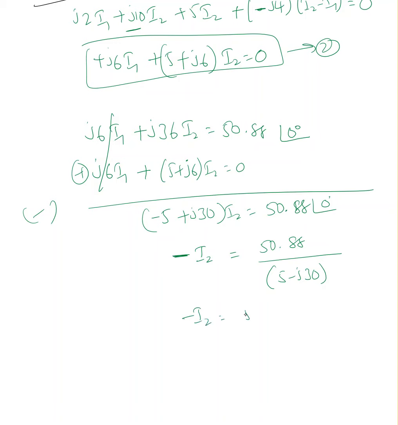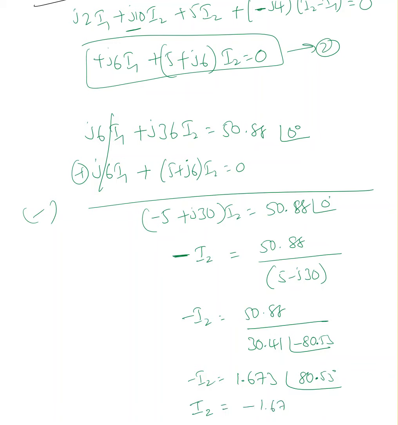So negative I2 equal to 50.88 over 5 minus J30, which is 30.41 at an angle of minus 80.53. So minus I2 equal to 1.673 at an angle of 80.53 degrees. So you can write it down, I2 equal to negative 1.673 at an angle of 80.53 degrees.